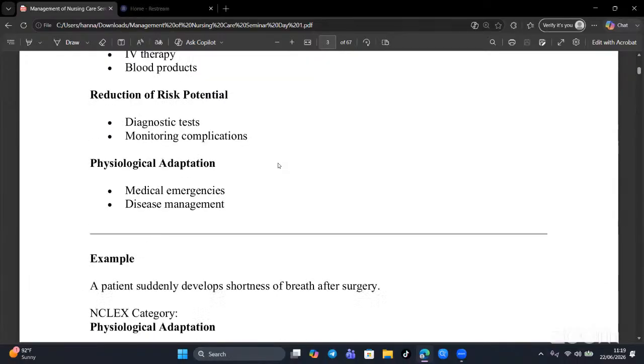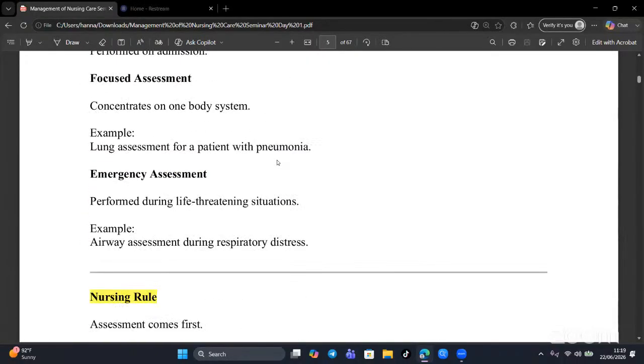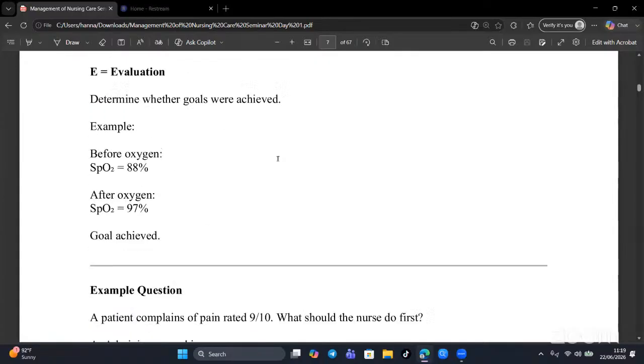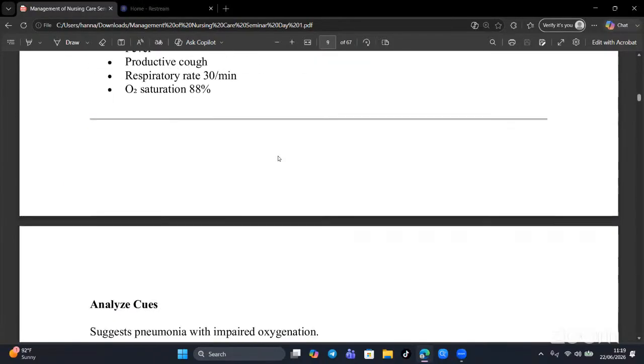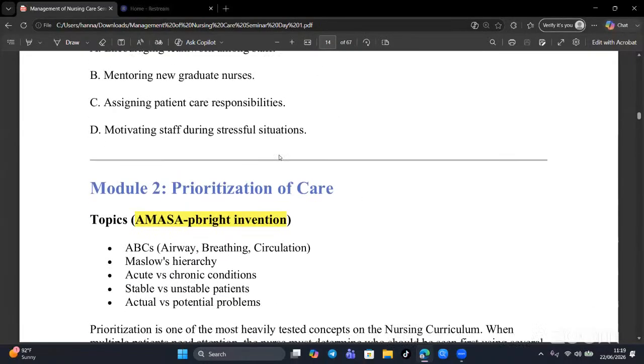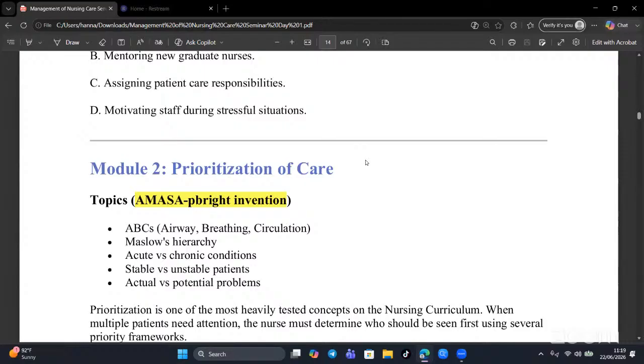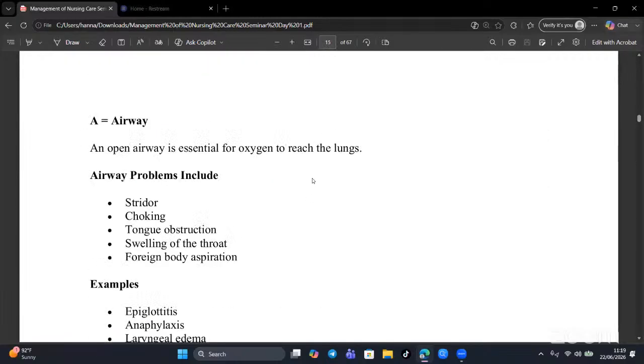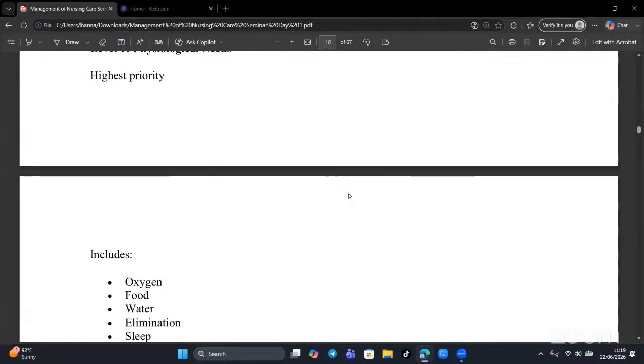Then module two is prioritization in care. I have developed an acronym, and if you grab this acronym, you are done with prioritization. Henceforth, you're not going to get any prioritization question wrong. Then module three, and it goes on.